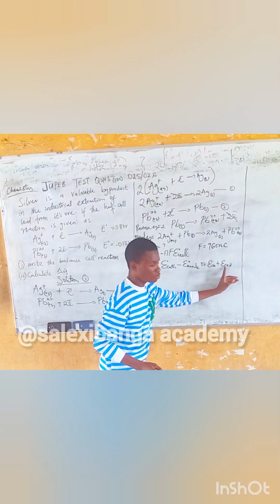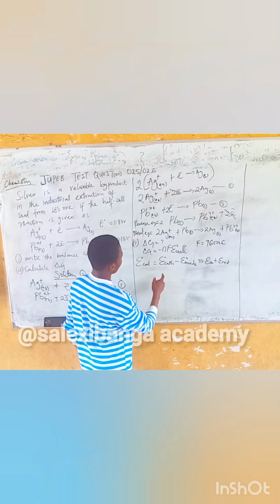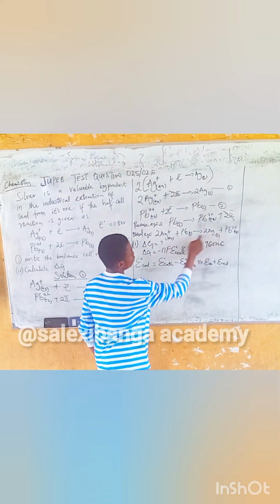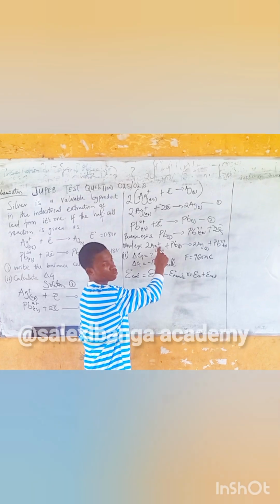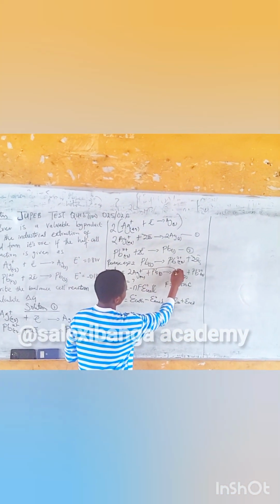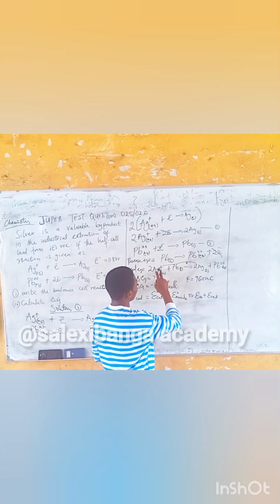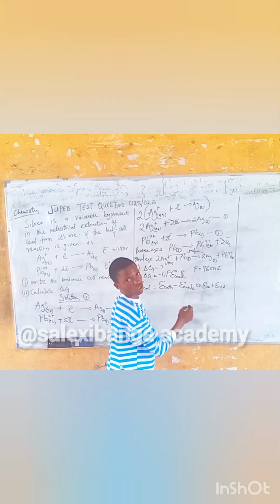Then if I'm using E ox plus E red, I will come to the overall equation. This guy is plus 2, going from plus 2 to 0. That means this is my reduction, because it's reducing.